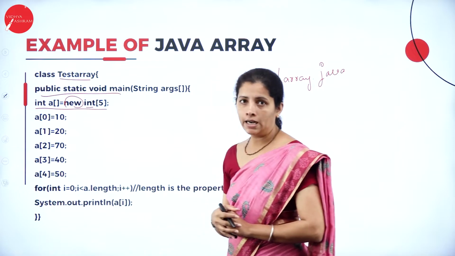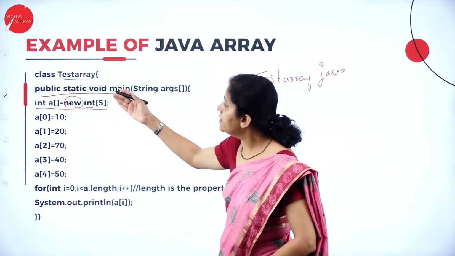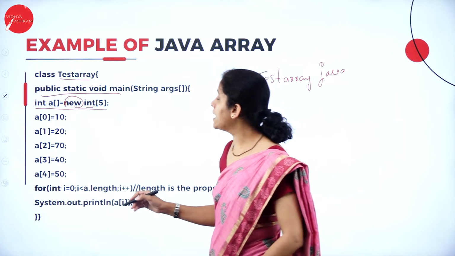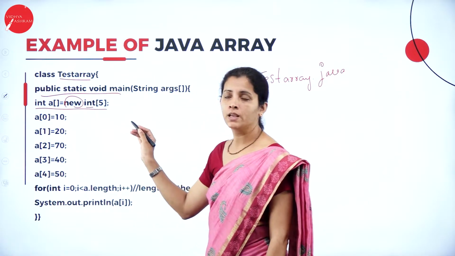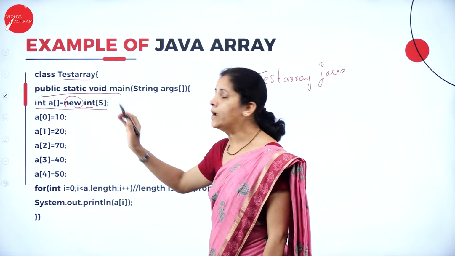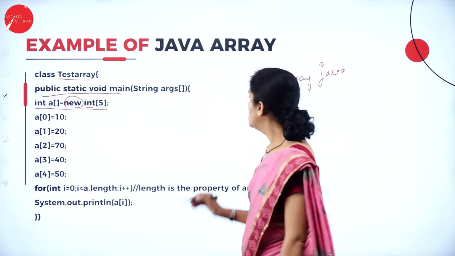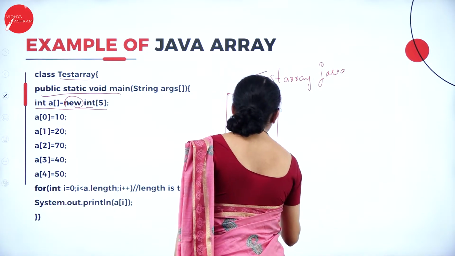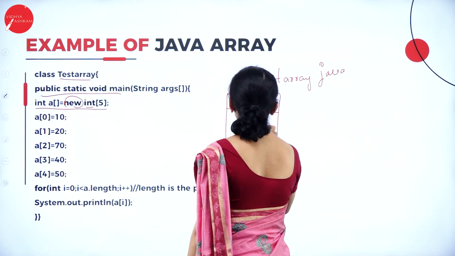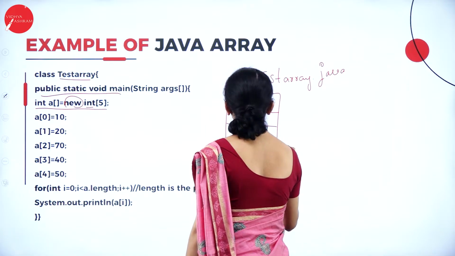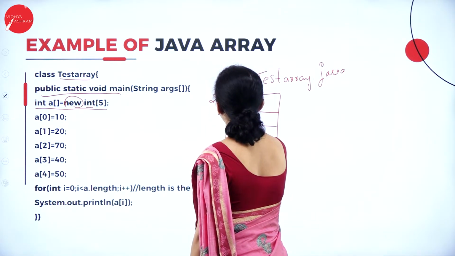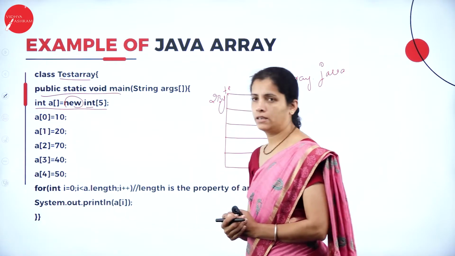Int is the data type and what is the size of the array here? That is 5. Now, 2 into 5, total 10 blocks of memory are reserved. And what is the capacity of each block? That is 2 bytes.